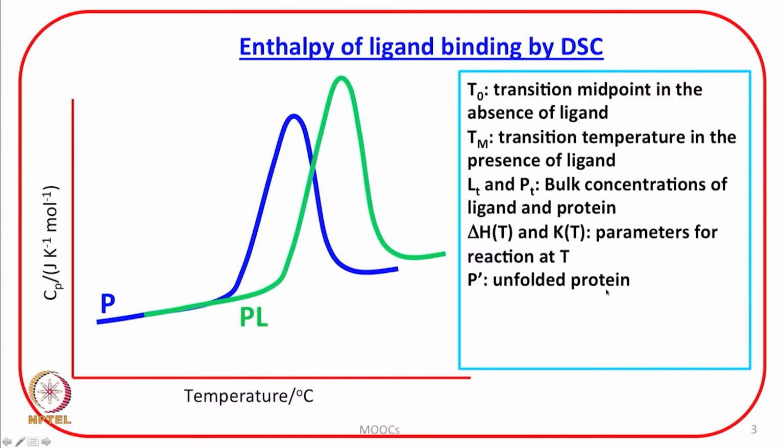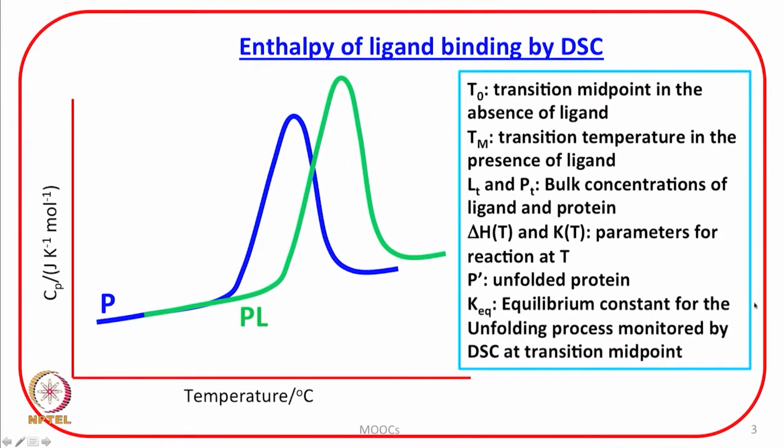P prime means we will be talking about the unfolded protein. And wherever I use the subscript EQ, equilibrium, for example, KEQ, this will be equilibrium constant for the unfolding process monitored by DSC at transition midpoint. So, let us keep this in mind. Whenever I use EQ, this will be corresponding to the process which is monitored by DSC at transition temperature.